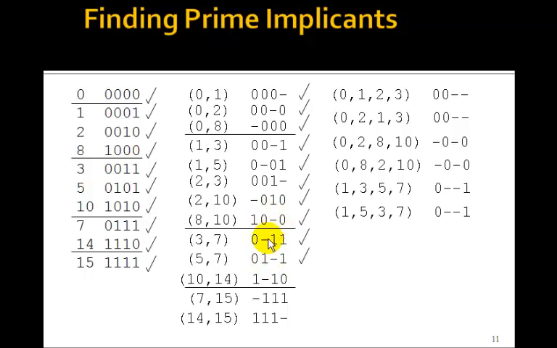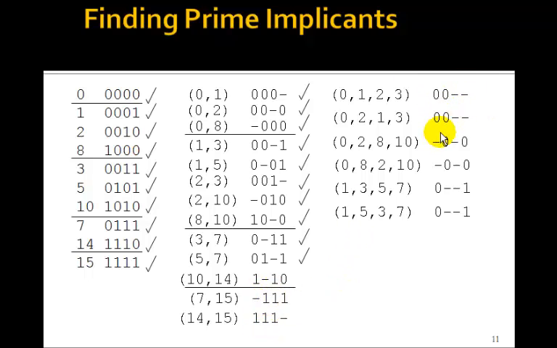No, everything flips there, so that's no good. So we're done with this group. How about 3, 7? Nothing lines up here, so we can't do anything with 3, 7. How about 5, 7? Dash here, we can't do anything. How about 10, 14? No, actually we're done.